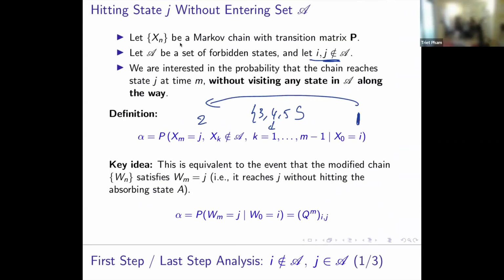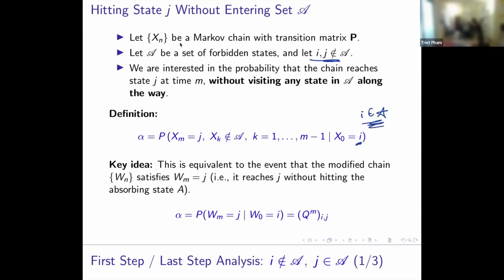Okay. And I guess the name kind of gives away how we handle this. So let's see if you can guess what the technique would be. What do you think? For example, let's take this question, just to make it easy. What if I is in A, and J is not in A?